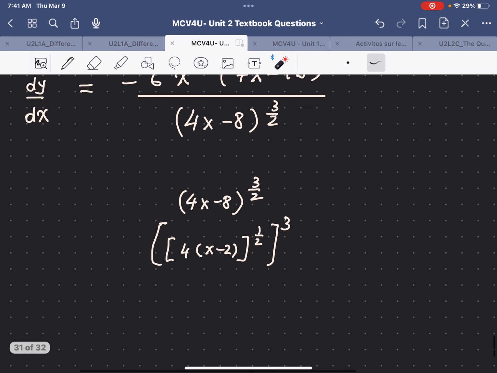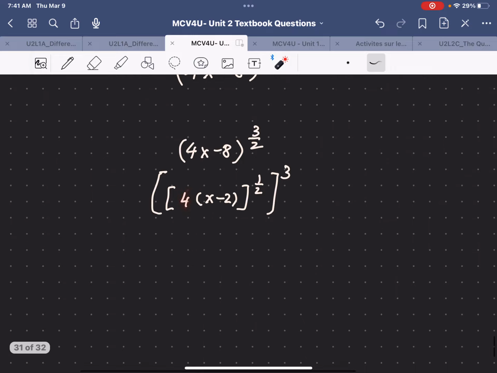So 1 over 2. Now, you can probably see why I took 1 over 2 out in here. The reason is because I want to actually see the square root, because 4 is a perfect square number. So what we're going to do here is take this 1 over 2 and apply it to every term inside the square brackets here.